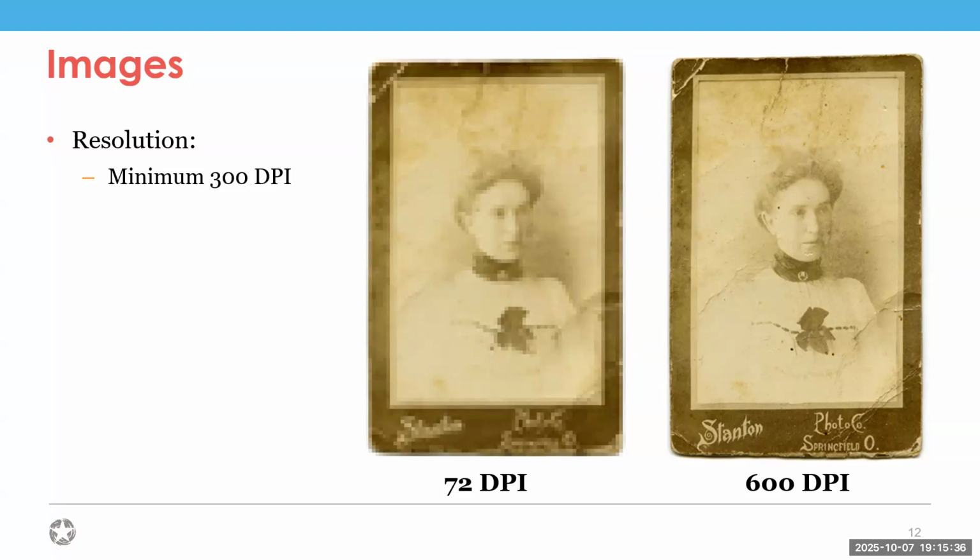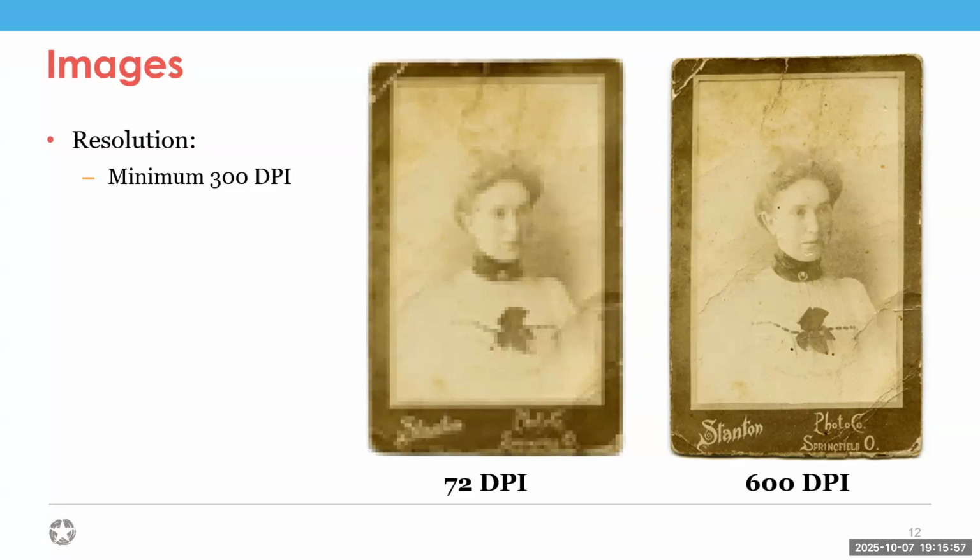So you really want to look at a minimum of 300 DPI when you're scanning. This image on this slide has a good example, something that's been scanned at 600 DPI. This is a small, I guess we would call it a cabinet card photograph.